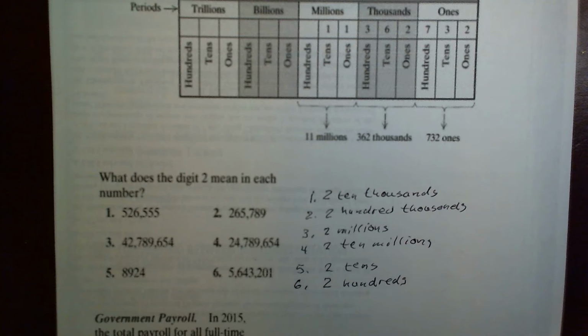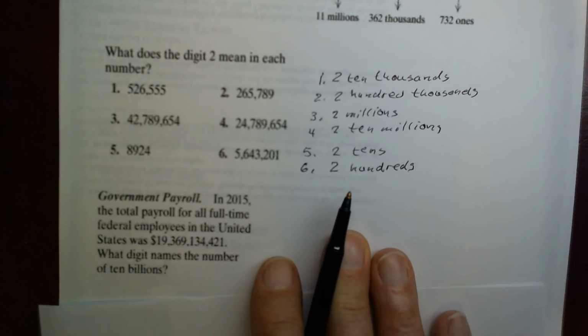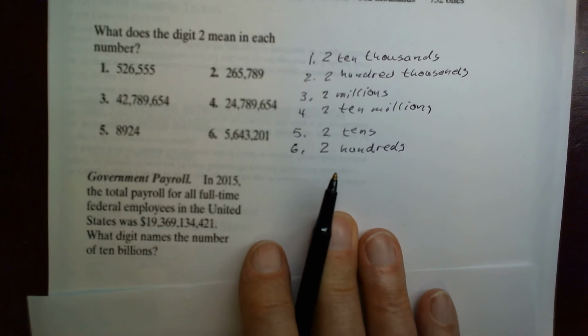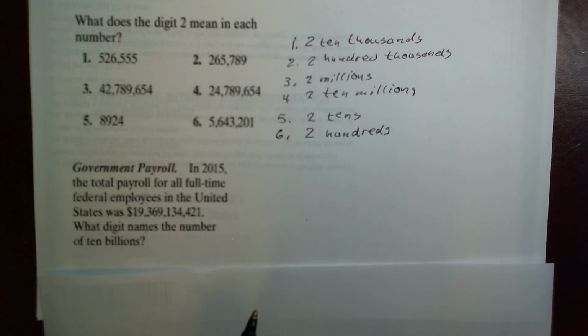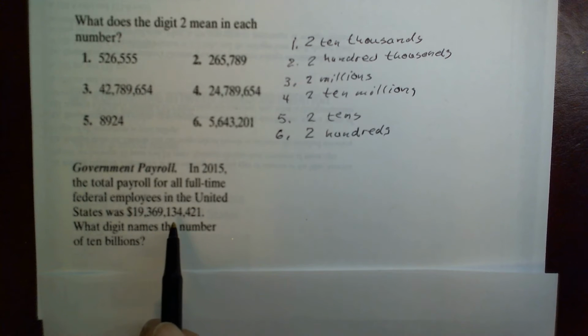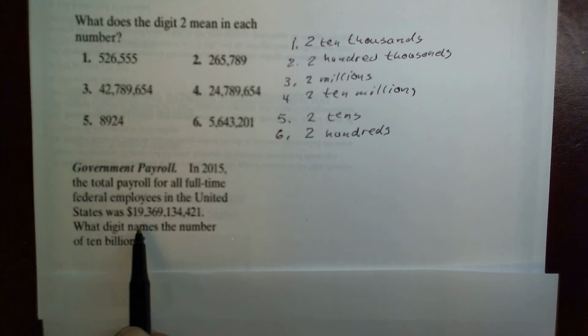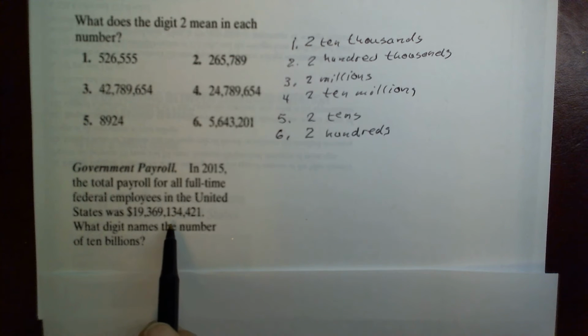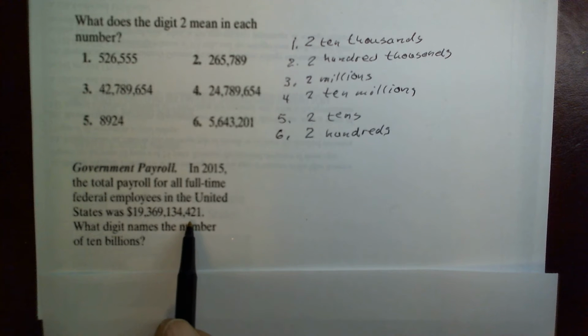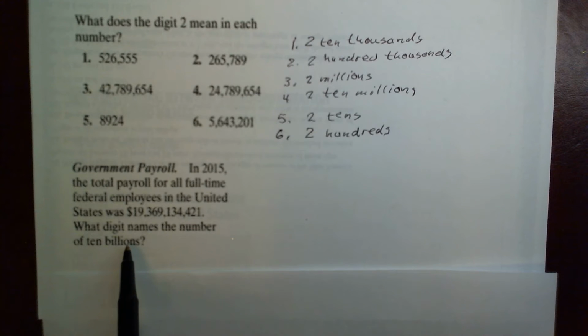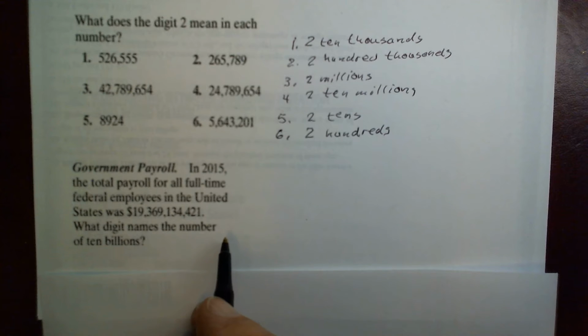So here's another example. Government payroll. In 2015, the total payroll for all full-time federal employees in the United States was 19,369,134,421. What digit names the number of 10 billions? Well, here's 19 billion, so that's the 1 and that's a 10, so it would be the 1.